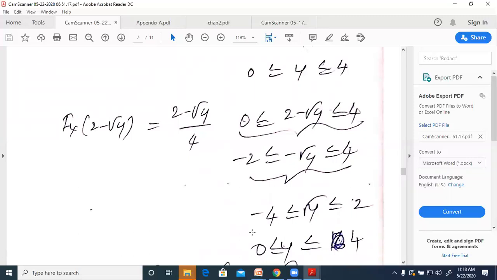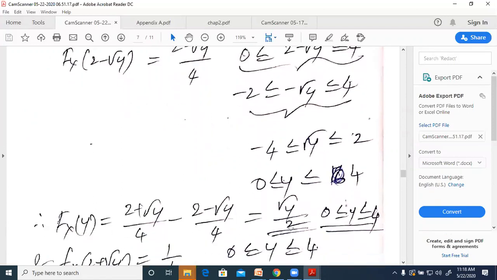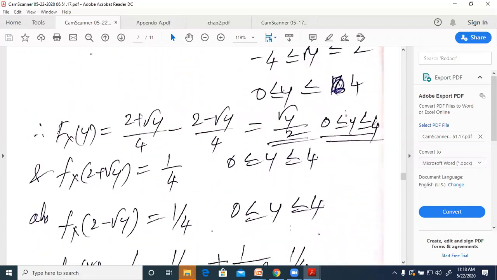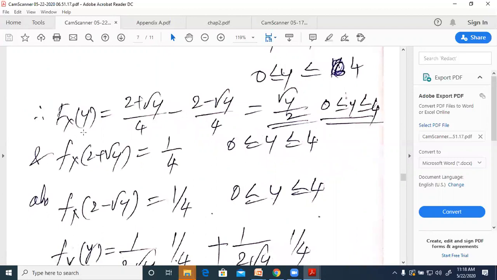Okay, this can be solved to correspond to 0 to 4, taking the same ranges. Then we have the quantity f_Y(y), which is the sum of both of them, that will just give us 1 by 2 root of y between 0 less than y less than 4, because ranges are same for both.